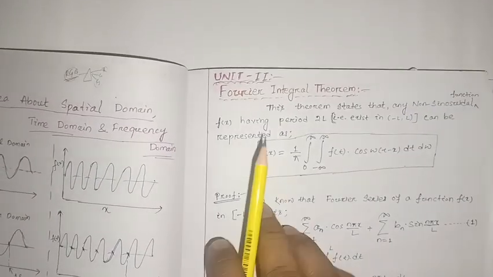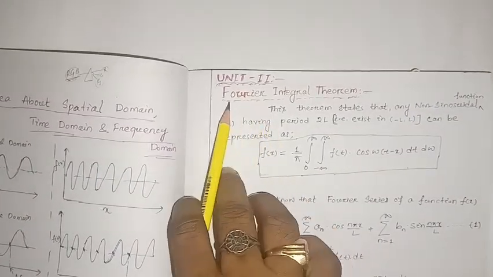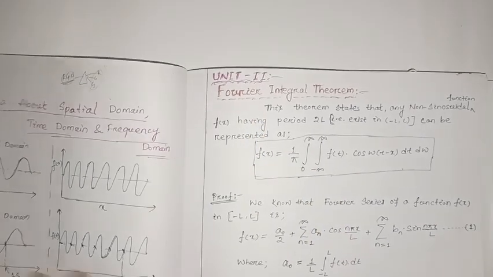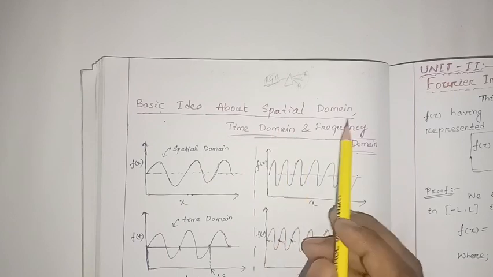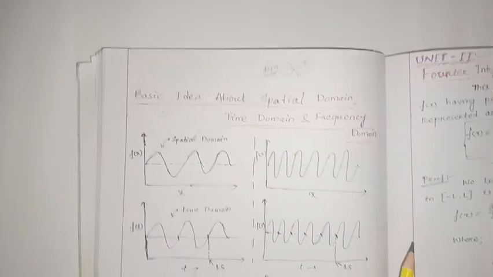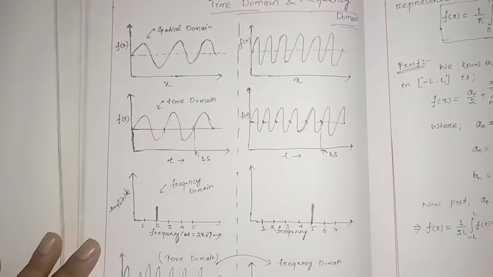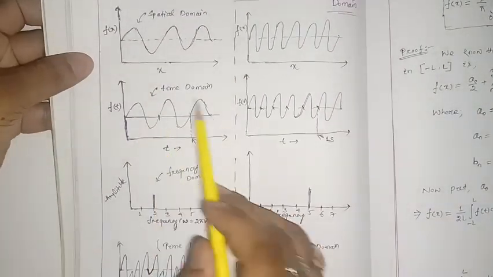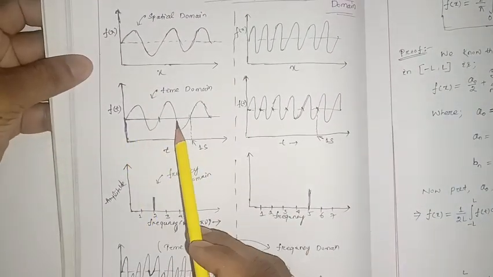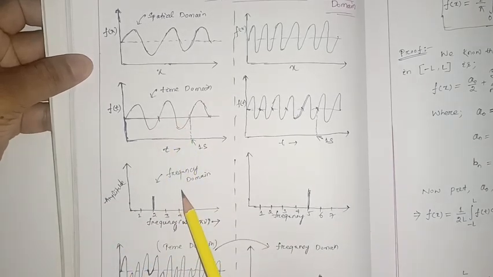In that video on the Fourier integral theorem, I discussed the basic idea about spatial domain, time domain and frequency domain. That means if we are in a particular domain, suppose we consider this example, time domain, and I transform it to frequency domain.